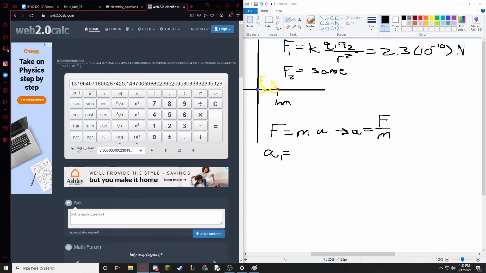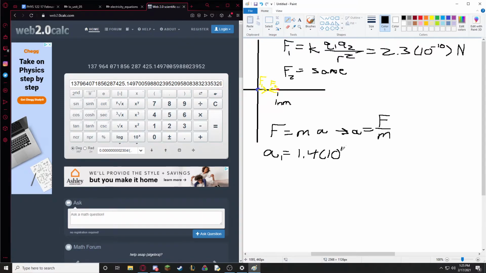We get a really high acceleration. It's like 1.4 times 10 to the 17. And what's the SI units for acceleration?